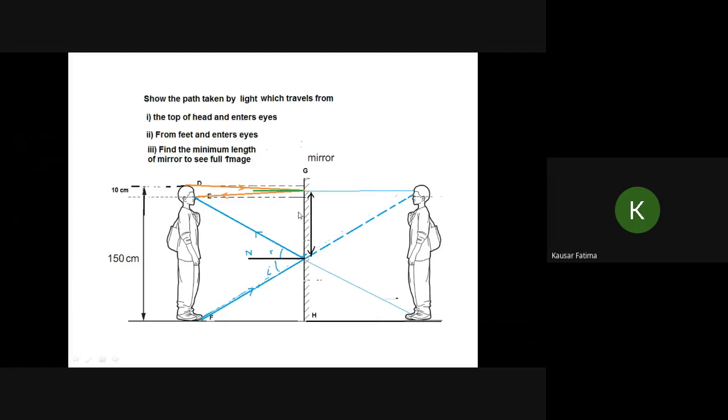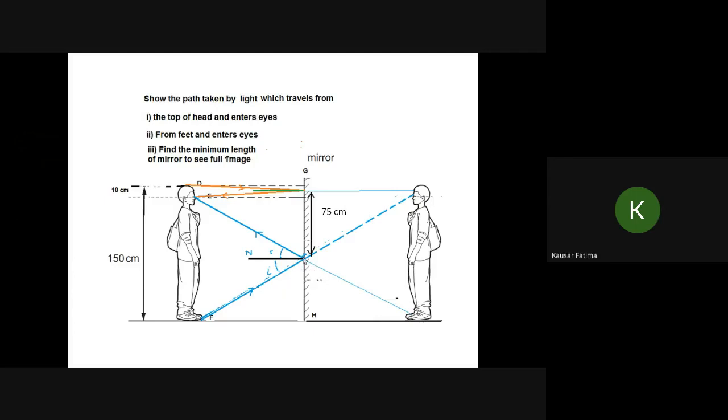So this is half of 140, which is 70 centimeter, and this is 5, so the length of the mirror will be 75 centimeter to show the full image. You don't need this lower part to see the full image of this person.